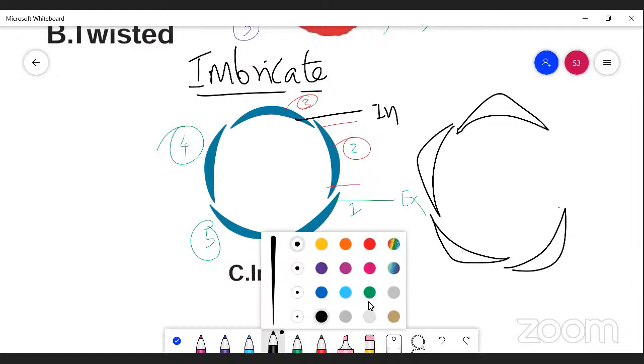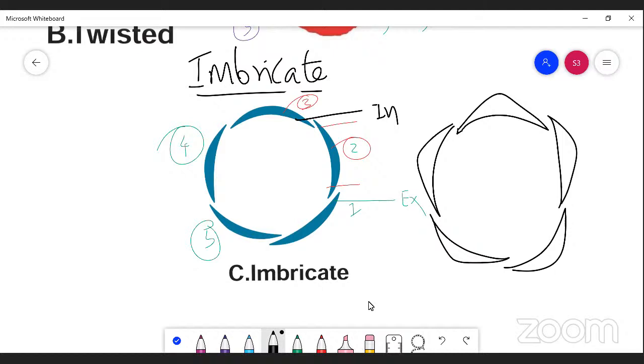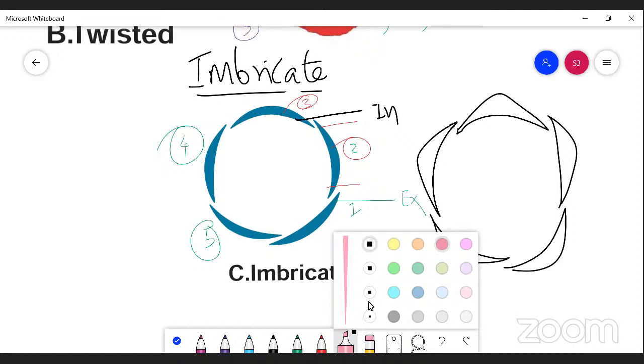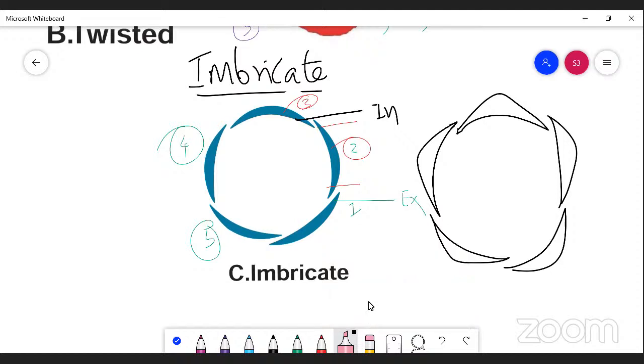So you can find now this is an arrangement of petals or sepals in the bud condition of a flower, right? So that is called, if you take any flower, right?